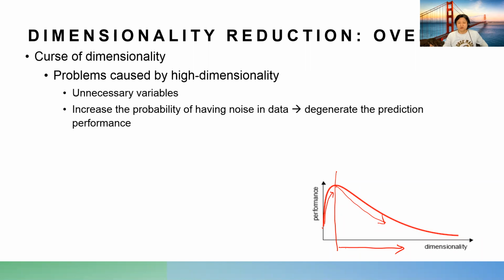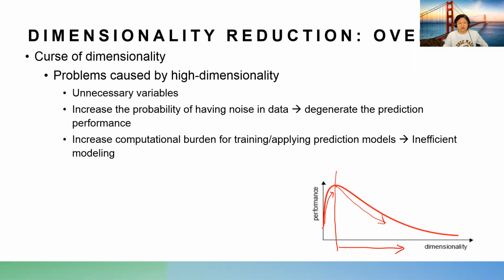That also means it will increase the probability of having noise in the data. Your variables could have a lot of measurement error or bias or noise, right? Those will degrade the model prediction performance, and also increase the computational burden for training or applying prediction models. If you have only 10 variables, that should be fine.